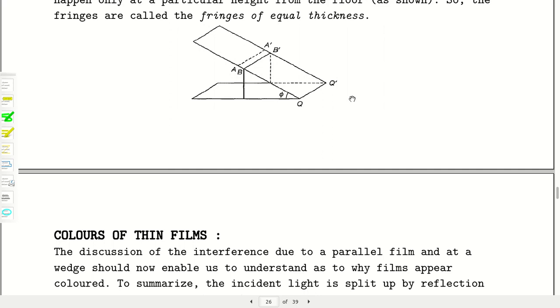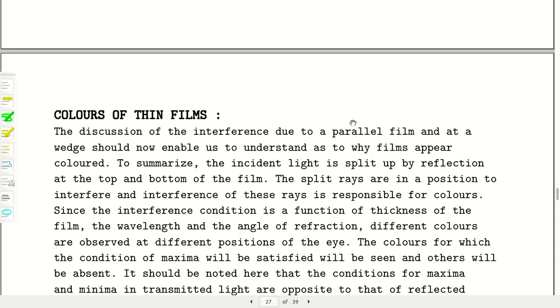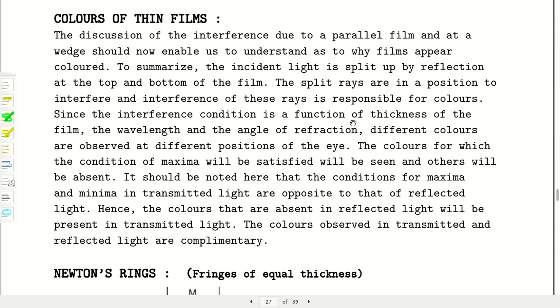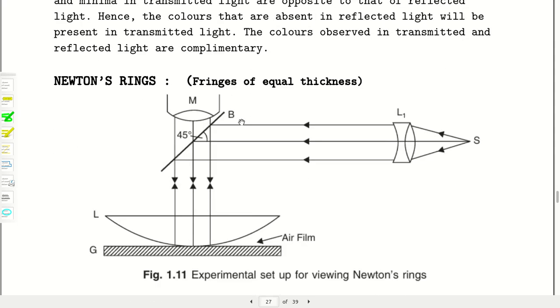So colored fringes will appear. Summarizing this concept, colored fringes will appear because at every point some rays will give you the max and some other rays will give you the min, but at the very end point all colors will satisfy the dark fringe, that is, the minimum condition will be satisfied by all colors.